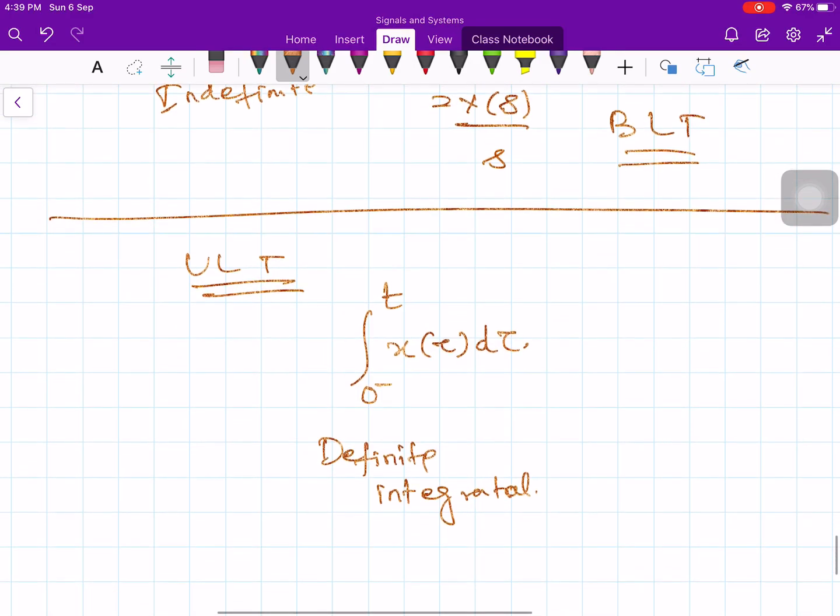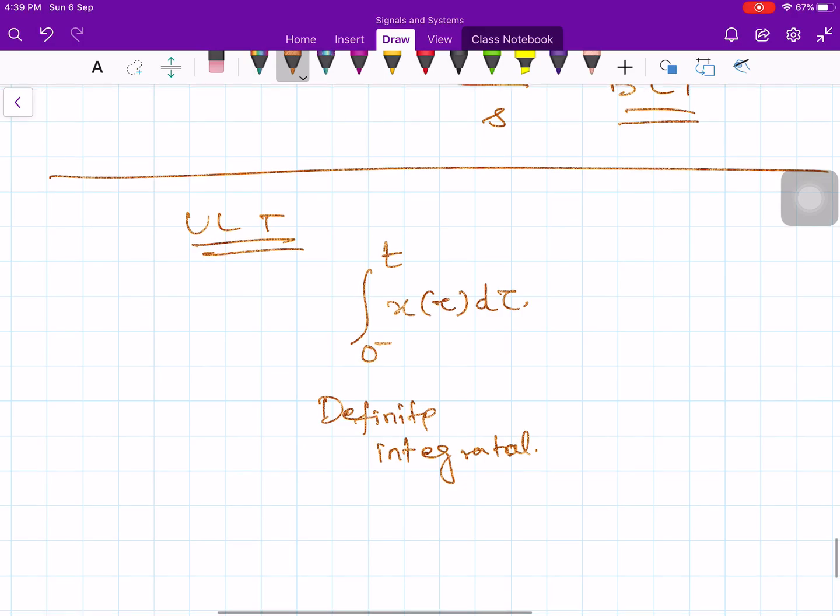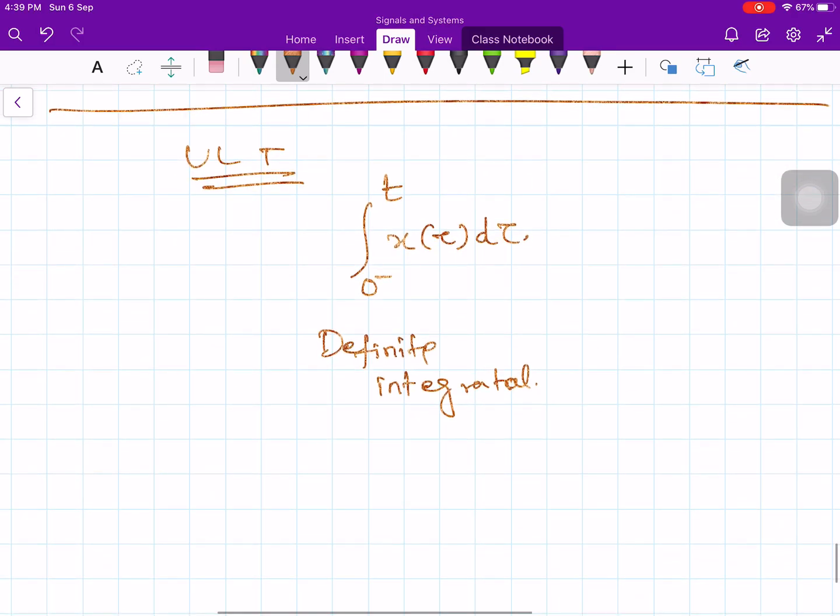Suppose x of t is a current. When you integrate the current you get a charge. Basically that's what we mean by integrating the current.